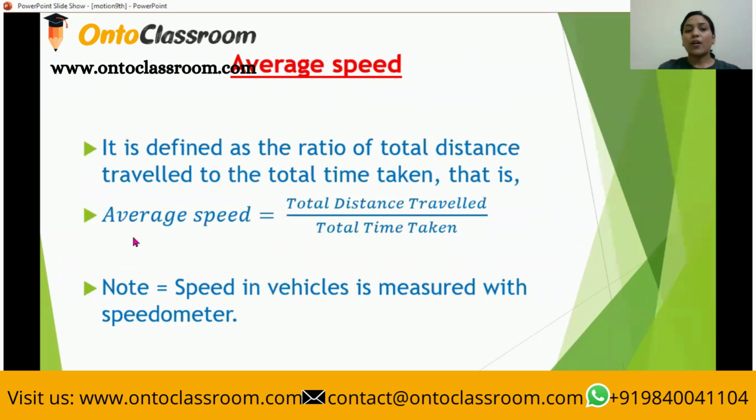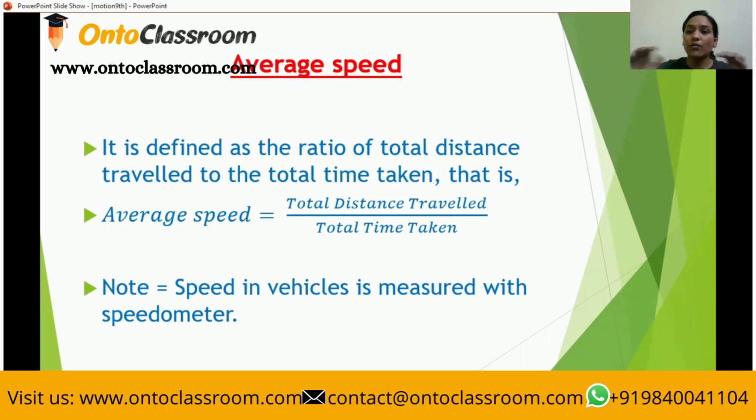Now, coming back to average speed. So what is average speed? If an object starts from point A, goes to point B, after that goes to point C, and from C goes to point D. So it has 4 points: A to B, B to C, C to D. From A to B it will cover some distance in some time, from B to C it will cover some distance in some time, and from C to D it will cover some distance in some time.